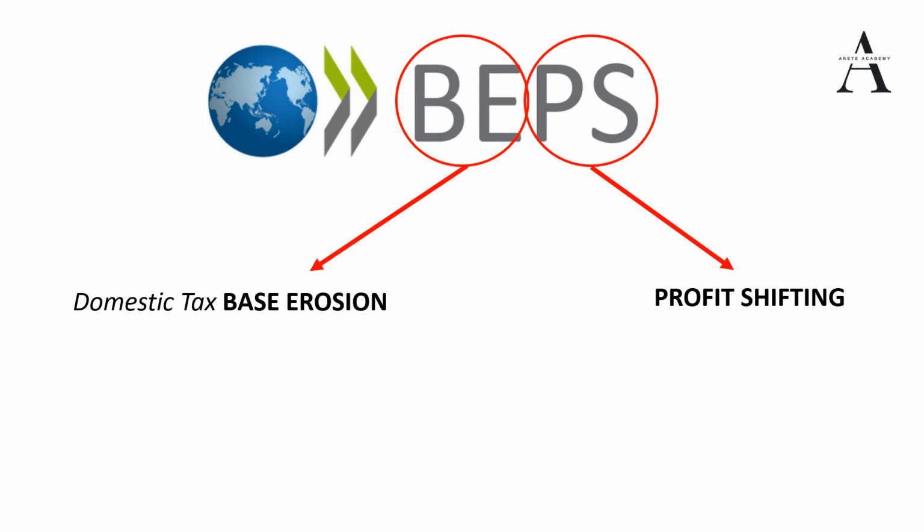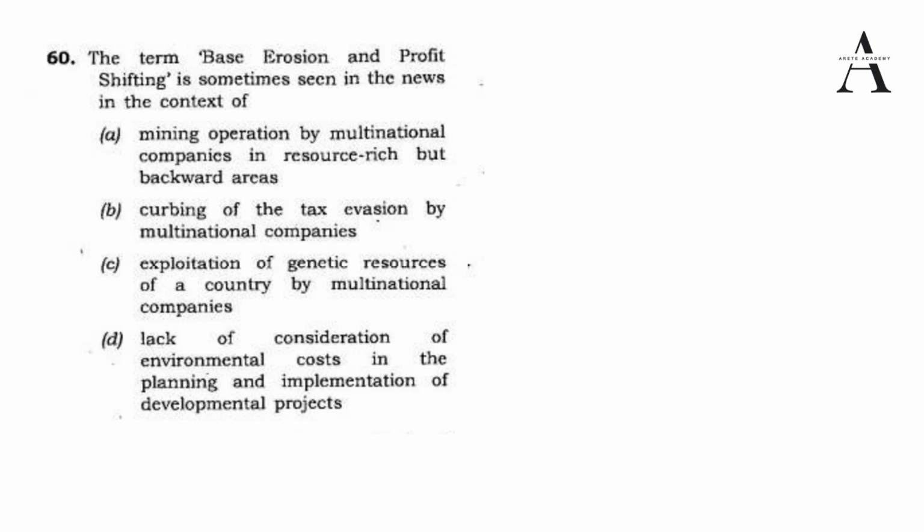I am discussing it because UPSC has already asked a question on BEPS in 2016. Here is the question: the term base erosion and profit shifting is sometimes seen in the news in the context of what? The options are A, B, C, D. Let me tell you the right option. It is B, curbing of tax evasion by multinational companies.